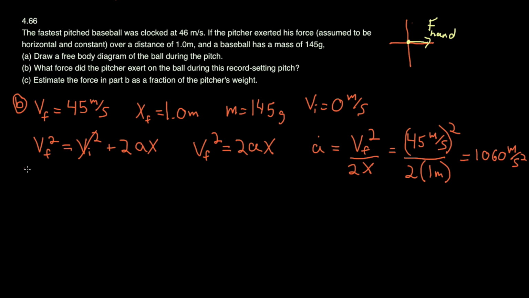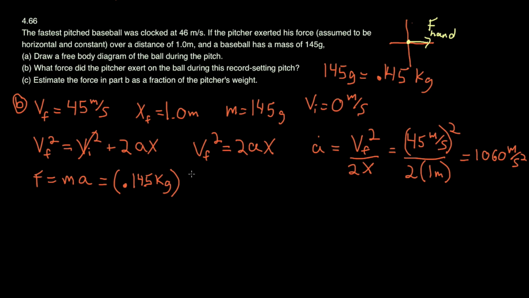So to find the force, we know that force is equal to mass times the acceleration. And we know the mass of the ball, 145 grams. But let's convert that to kilograms just so we're consistent here. So 145 grams, if I convert to kilograms, is going to be equal to 0.145 kilograms. So the mass is 0.145 kilograms, and the acceleration is going to be 1060 meters per second squared.